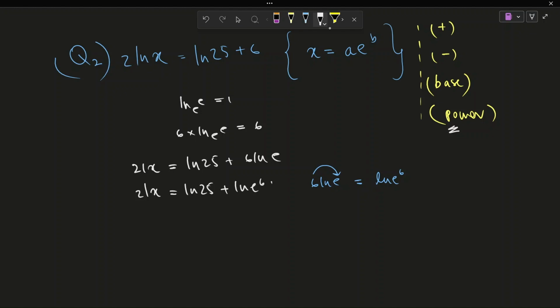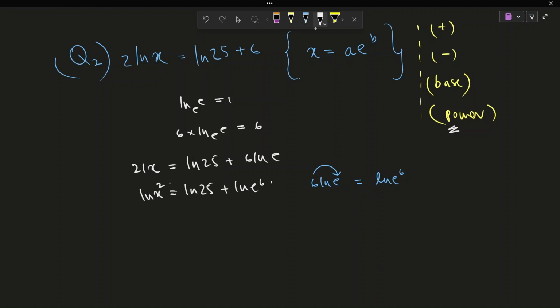Now, we should use the power rule again, because we need to have this 2 over here. We can't divide by 2 and get rid of this 2, because 25 is not going to be divided by 2 and ln e to the power 6 isn't going to be divided by 2 as well. So let's get rid of this right here and write it as ln x to the power 2.